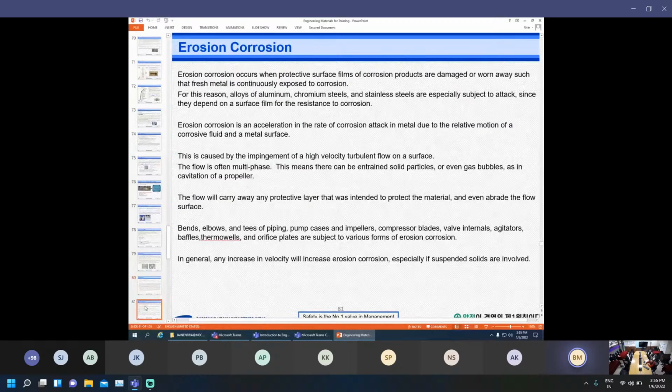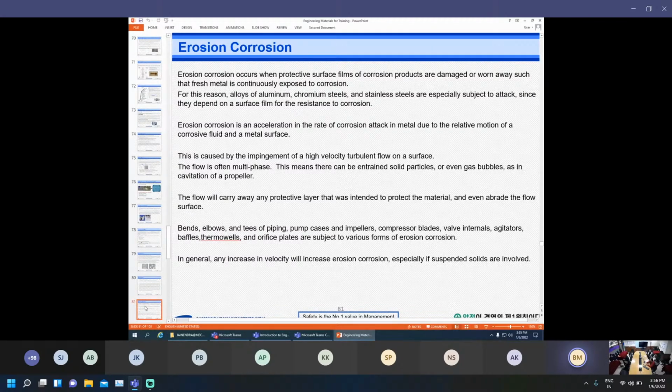Yeah, okay, fine. Now erosion corrosion. Erosion is simple. Suppose you have heard about the Roberts square, erosional velocity. Okay. So if the velocity of any fluid is quite high and it impacts the material, it is going to cause erosion.